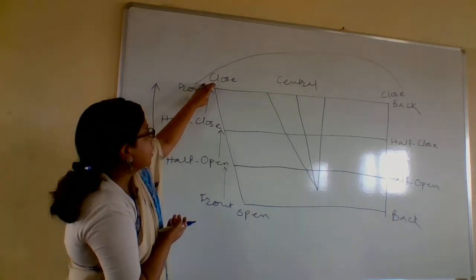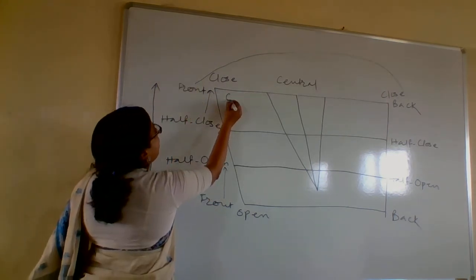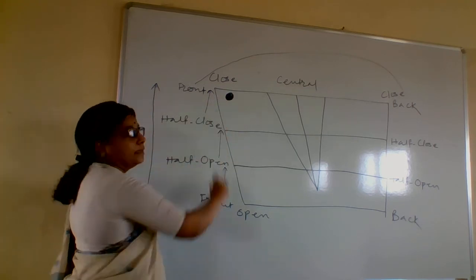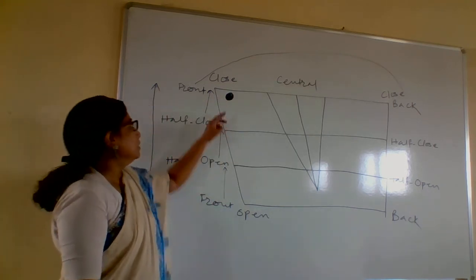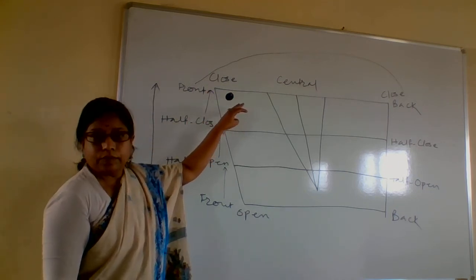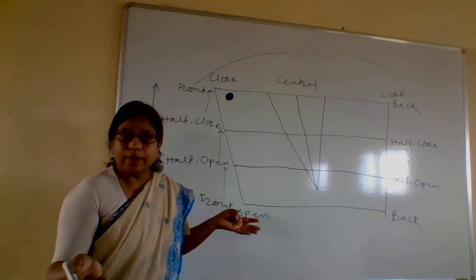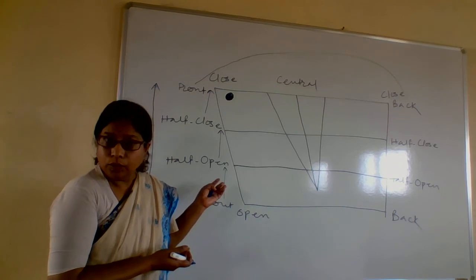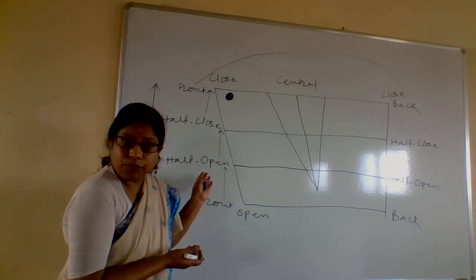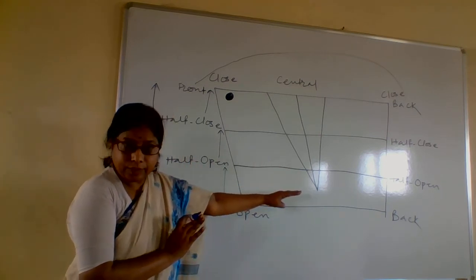Okay, that is known as the closed position. Suppose a vowel is produced here and say the lips are unrounded. Then this vowel is an unrounded front close vowel. Okay, this is how the three-term label is given for the vowels. So this is the description and classification of vowels, that is giving three-term labels to all the 20 vowels.